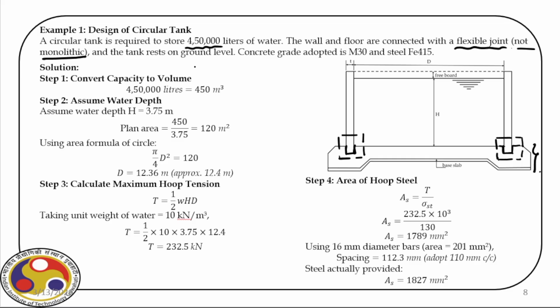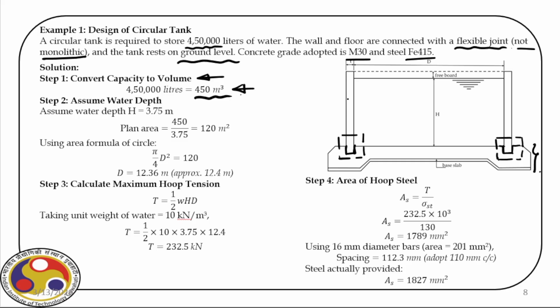And the tank is resting on ground level. Concrete used is M30 and steel is Fe415. So, first let us convert the capacity in meter cube. So, we have 450 meter cube of water. That is the volume of the tank.